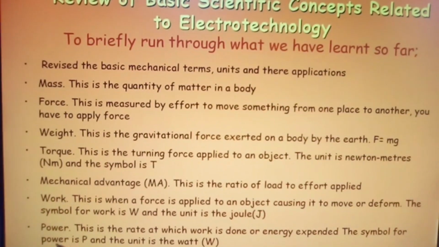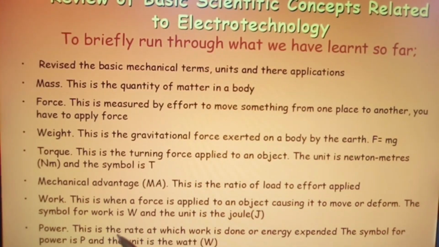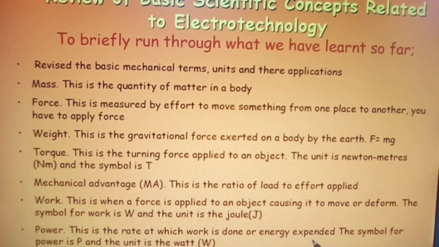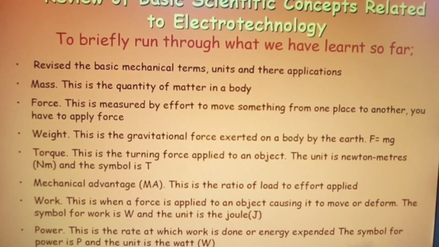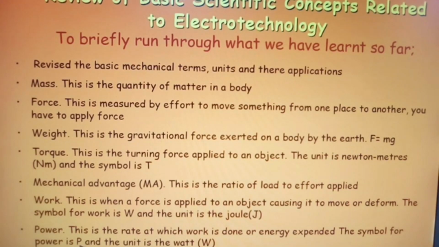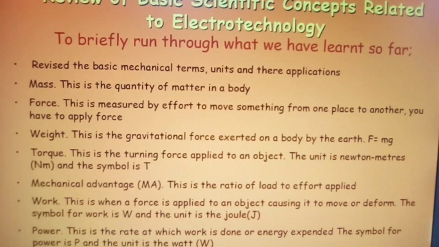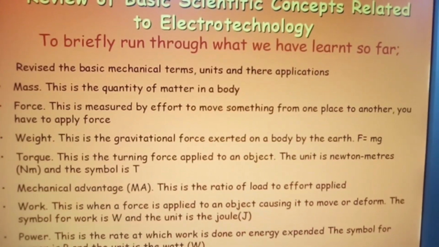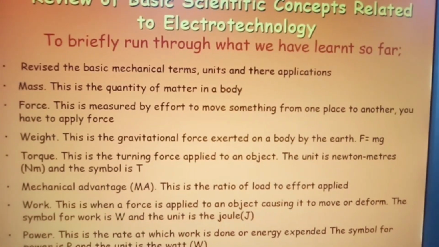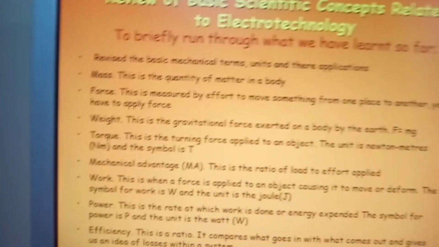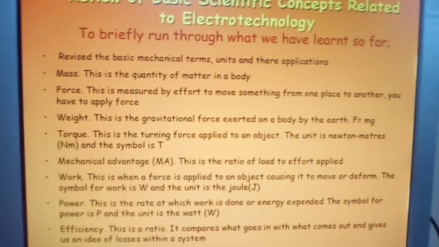Now power. This is the rate at which work is done or energy expended. The symbol for power is P, and the unit is the watt, W. And pull back a little bit so we can make sure we get it fully in for you.